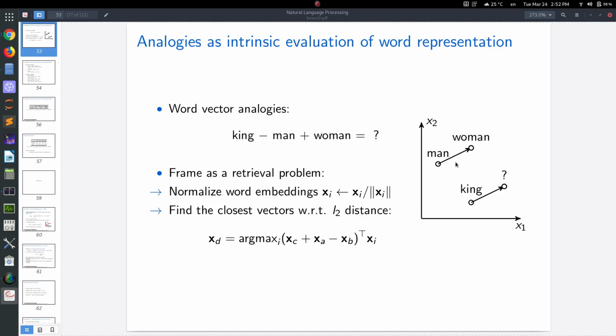Because the word vectors are vectors in high dimensions, the dimensions can preserve this information. So in order to do that, we get the word vector of C, we add to it A, and then we subtract the word vector of B. It's a bit different in the code, but it's not a big problem.